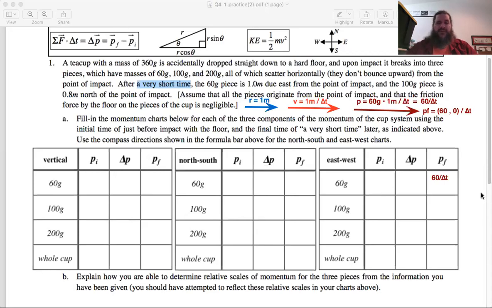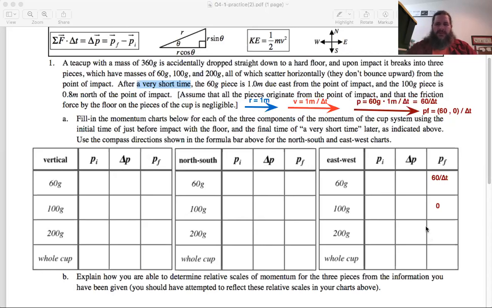How much is the 100-gram piece moving in the east-west direction? 0.8 meters. It's moving 0.8 meters to the north. How far is it moving east or west? 0? Right, so we'd fill in a 0 here.